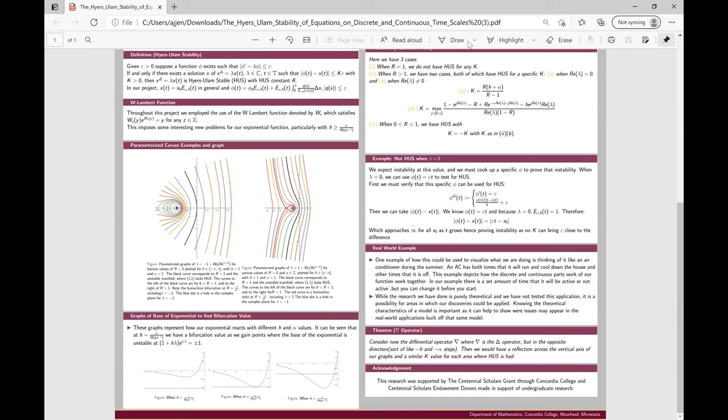And then for the end of this, we looked into the nabla operator, which is opposite of delta. So basically it flips the graph around completely. So our graphs would just be flipped, but keep the same important points and bifurcations.